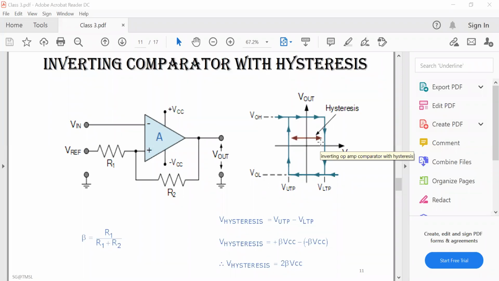The difference between these two creates a hysteresis, VUTP minus VLTP. The amount of hysteresis is determined by the feedback fraction beta of the output voltage fed back to the non-inverting input.